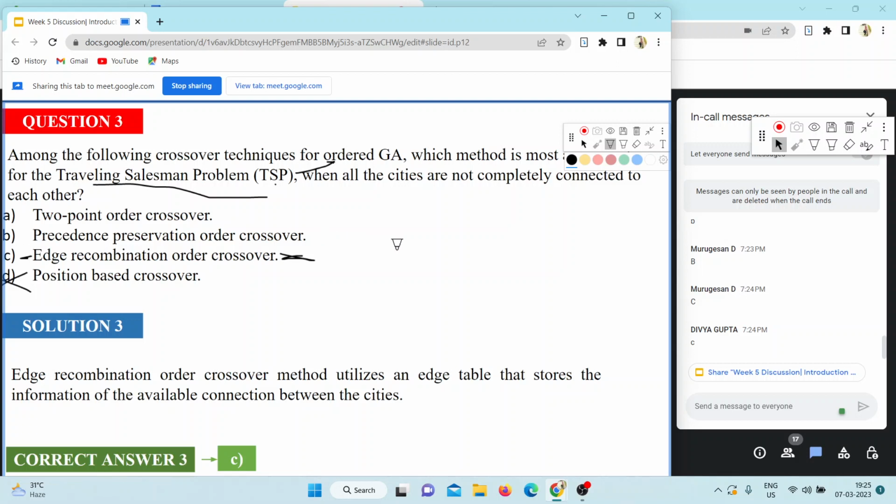See, what you do is, there are three cities: A, B, C, and these are given in some order. A, then B to C. So what will you do to find the children's solution?